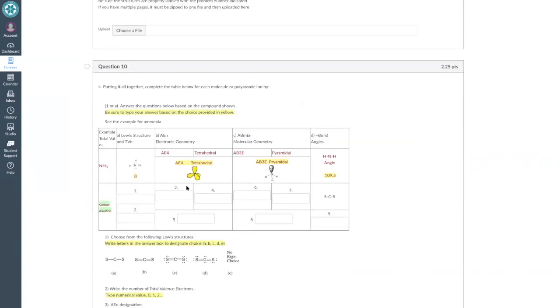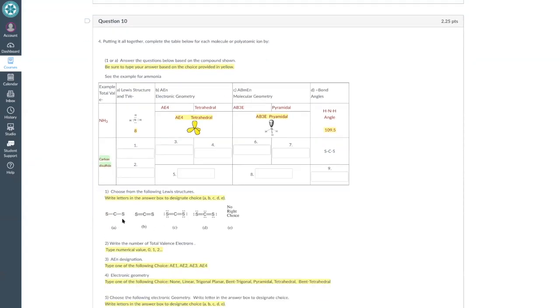In part 2, it's a little bit more involved. Again, these boxes correspond to these questions right here, and you just put your answer.